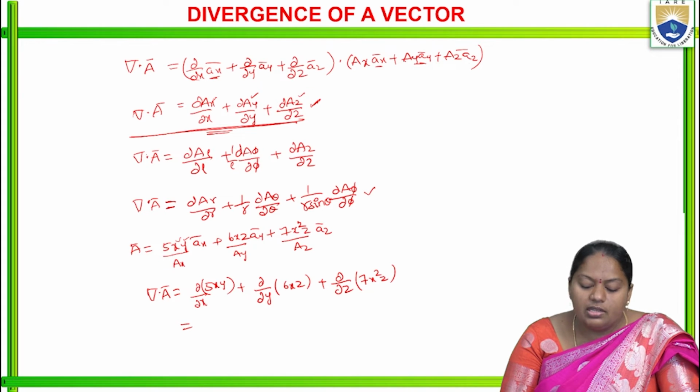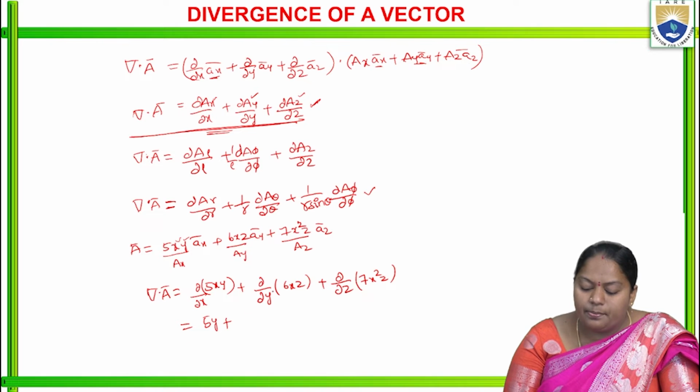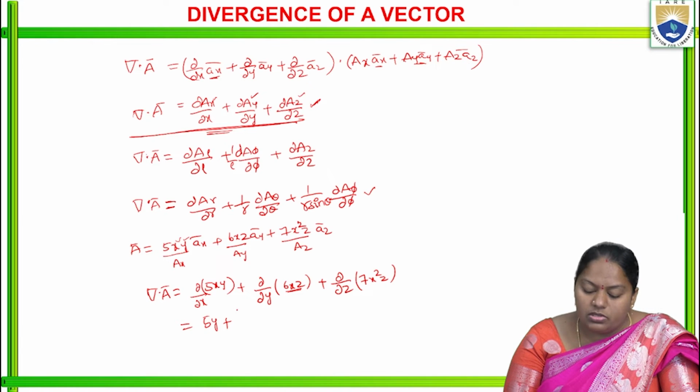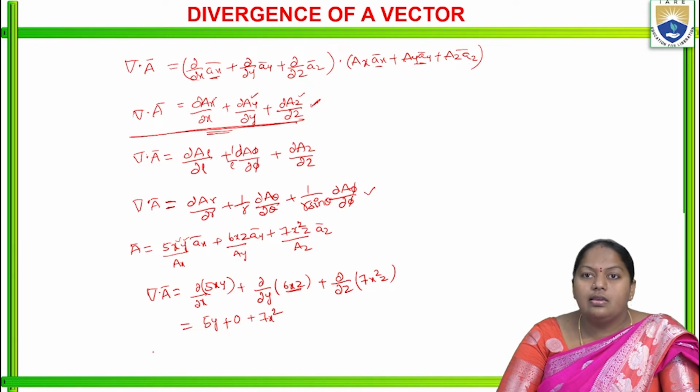If you are differentiating this with respect to x, the other variables that exist in it are treated as constants. Hence 5y plus dou by dou y of 6xz. All three are constants. Hence differentiation of a constant becomes 0. Hence 0. Plus dou by dou z of 7x square z. Then it will be 7x square as the answer.